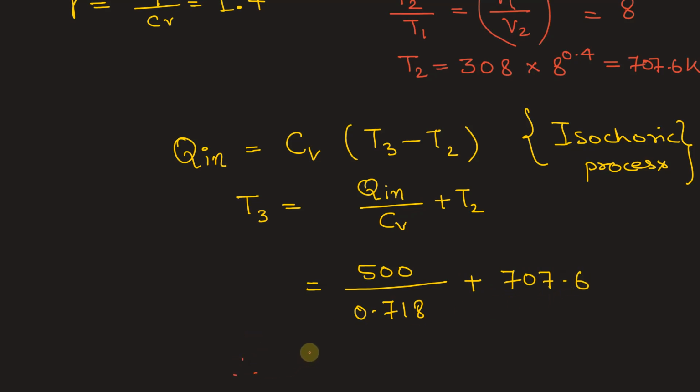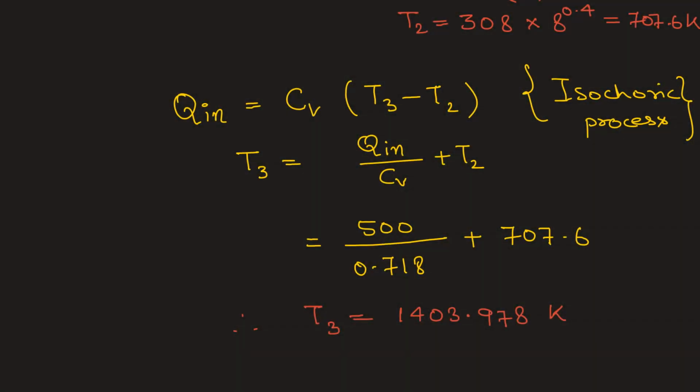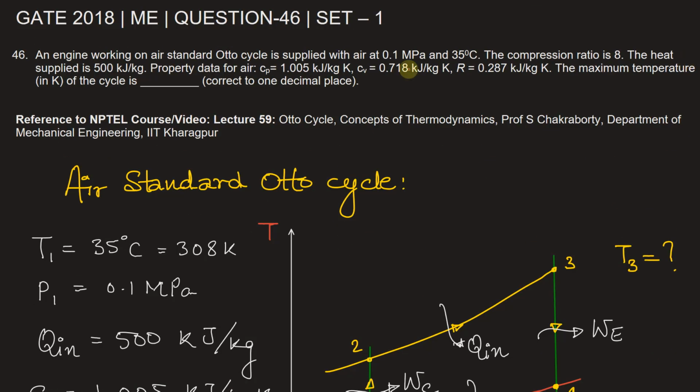Therefore from here we get the value of T3, that is the maximum temperature of the cycle, as 1403.978 Kelvin. Now let's go back to the problem. So the maximum temperature of the cycle is 1403.97 Kelvin, or we can write this as 1404 Kelvin.